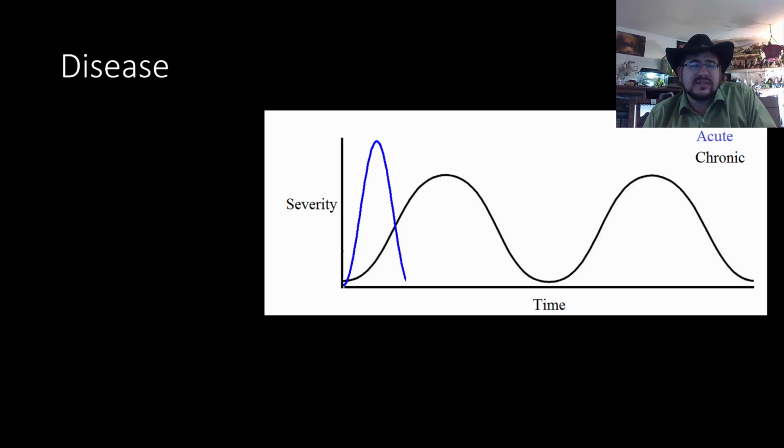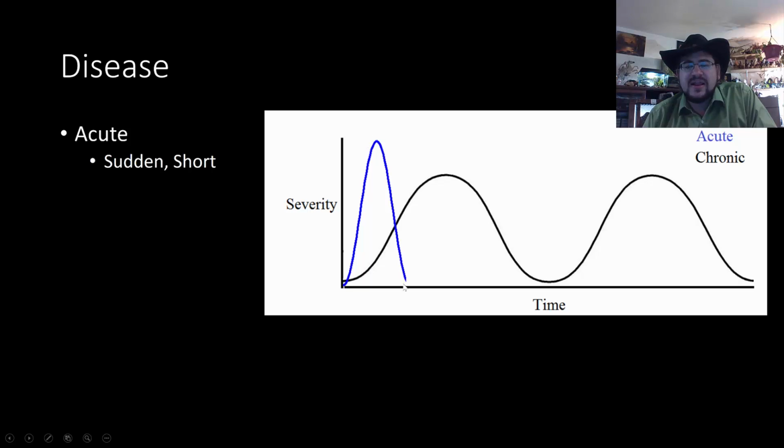An acute disease, or if you're unlucky, the acute phase of a disease, is sudden and it is short. So think about a 24-hour flu. An acute disease will often have a greater severity.